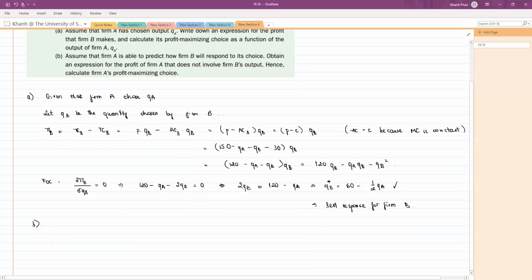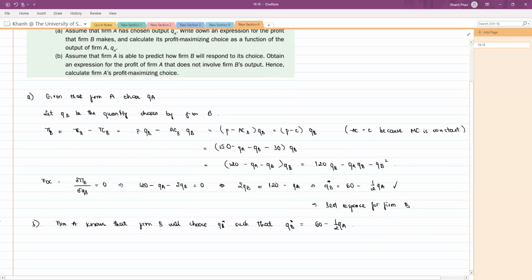So firm A knows that firm B will choose QB star such that QB star is equal to 60 minus half of QA.